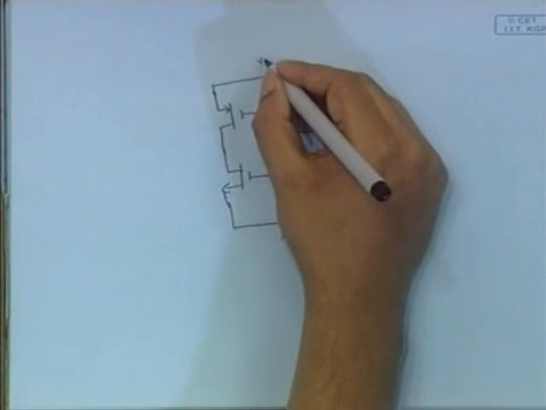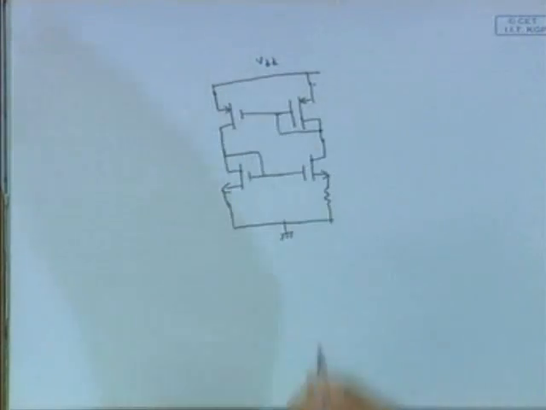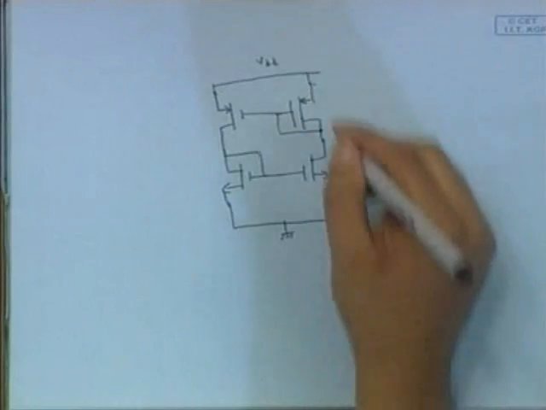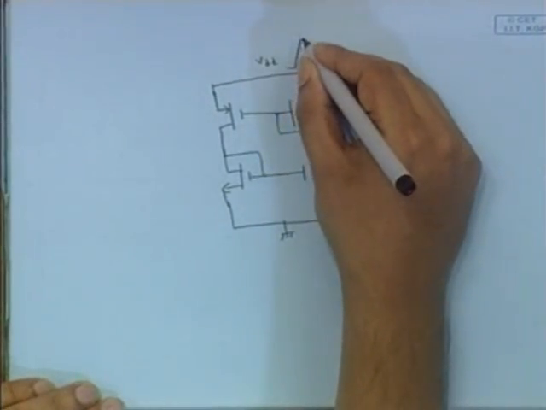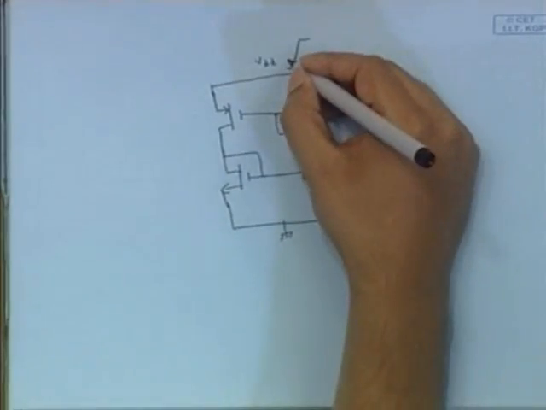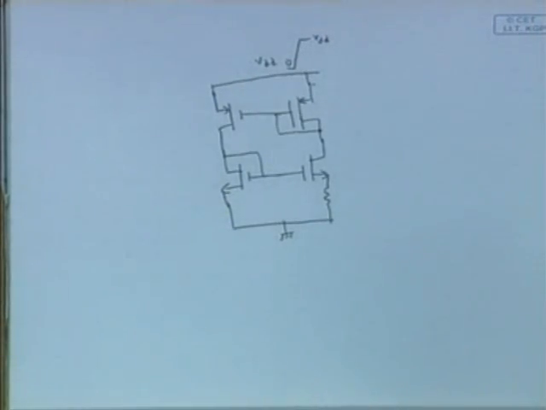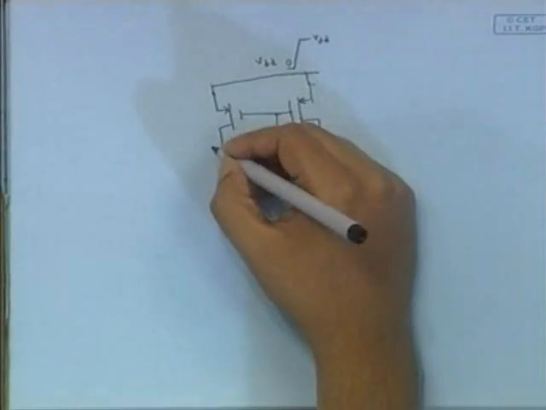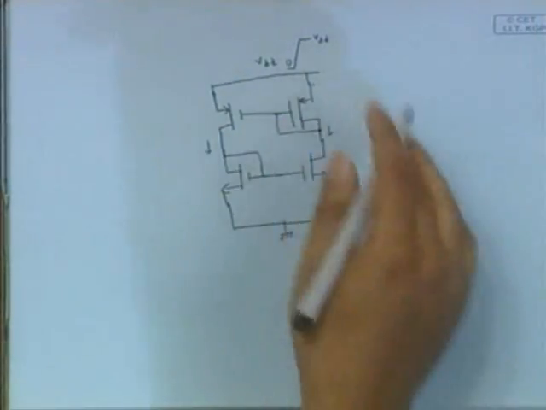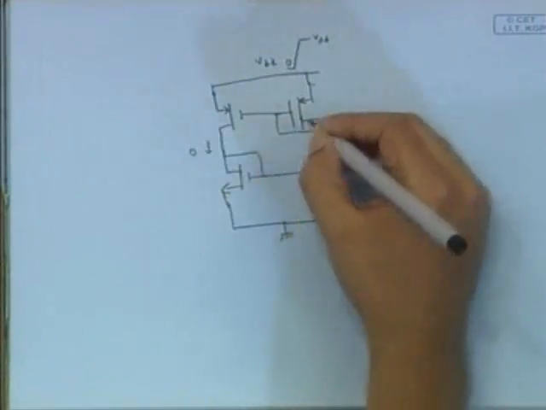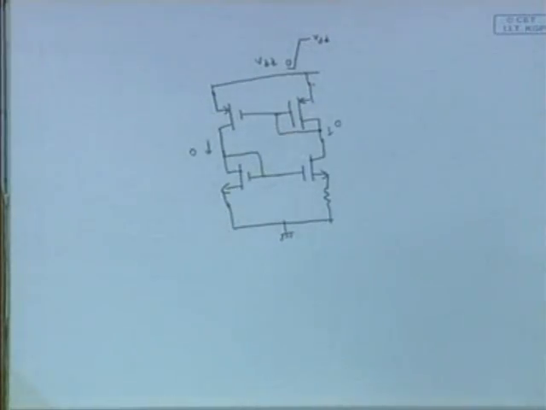This is my circuit, okay. Now you switch on the power, let initially it was 0, now put it to VDD, okay. At the initial stage all the currents through the transistors are 0, okay.